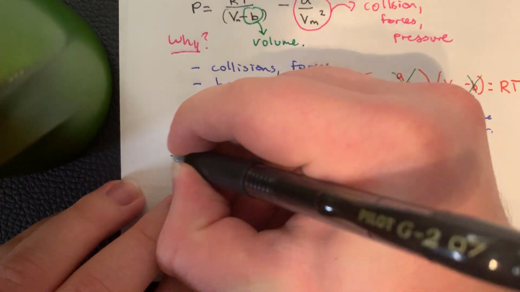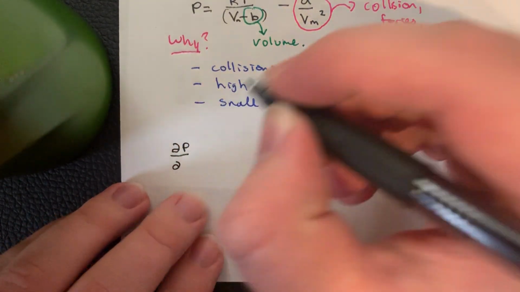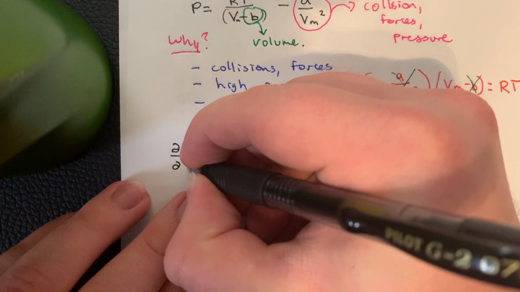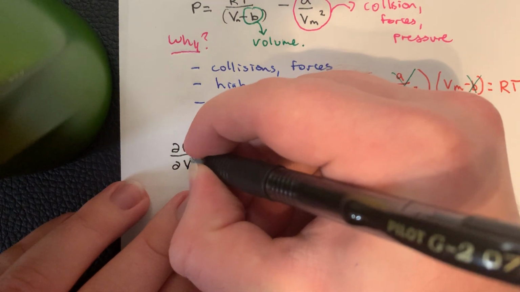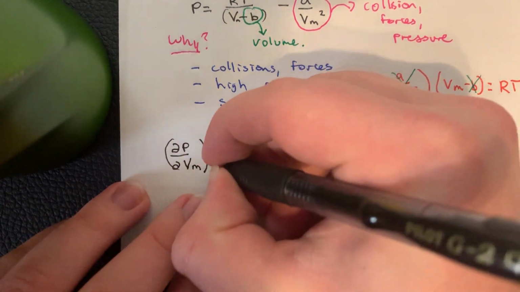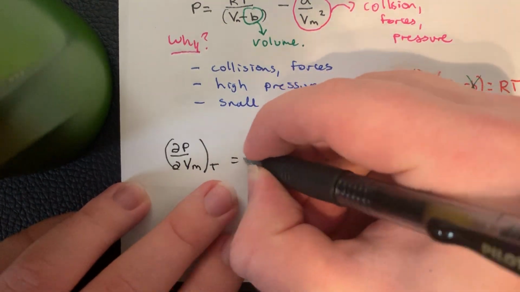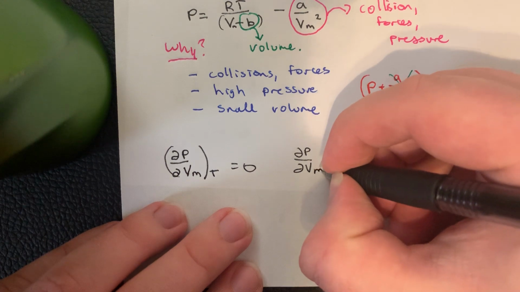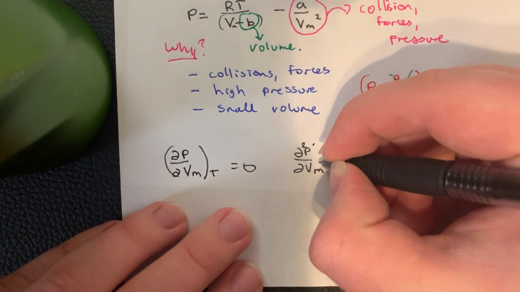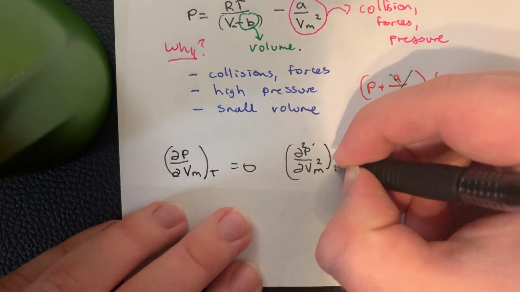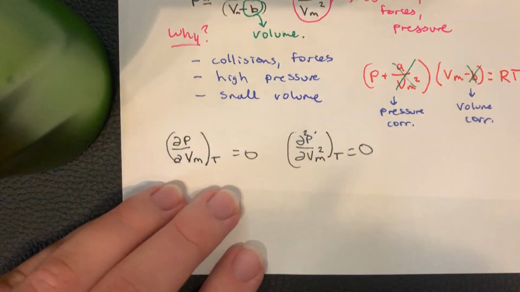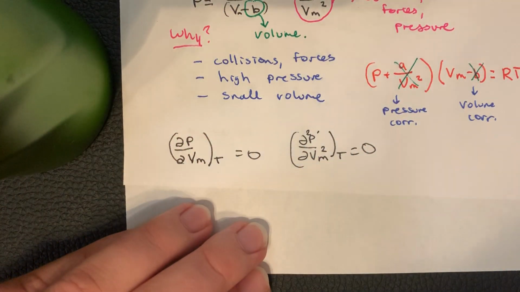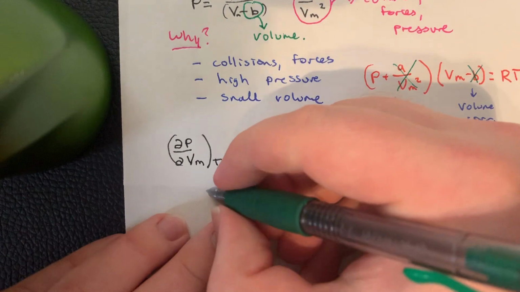So del P del Vm holding T constant is equal to 0 under very specific conditions. So these conditions are true at the critical point.